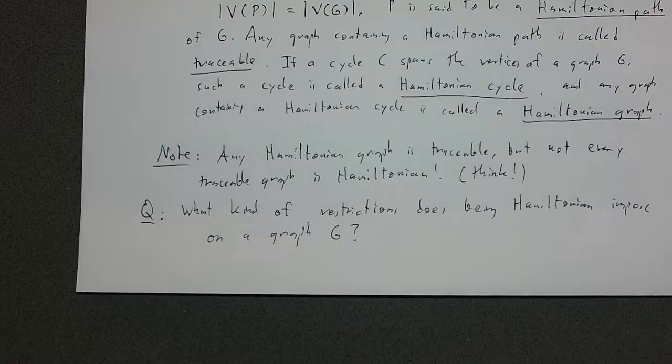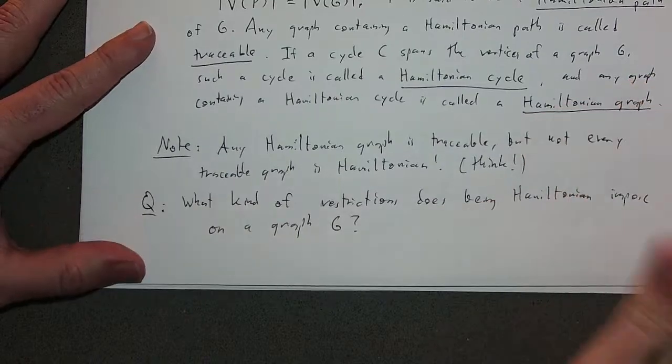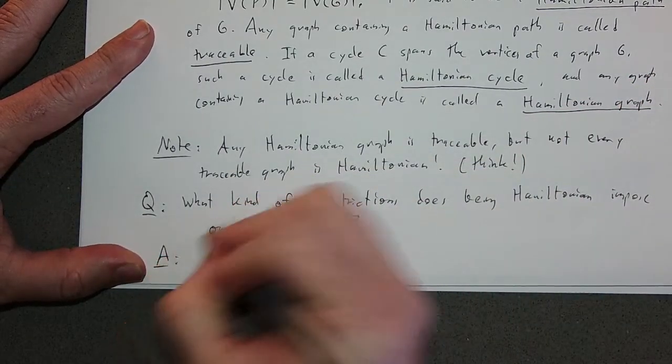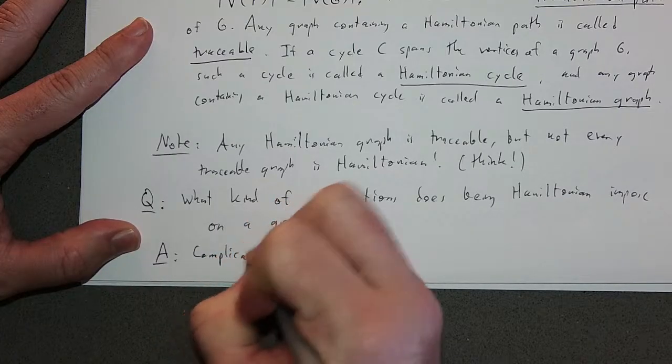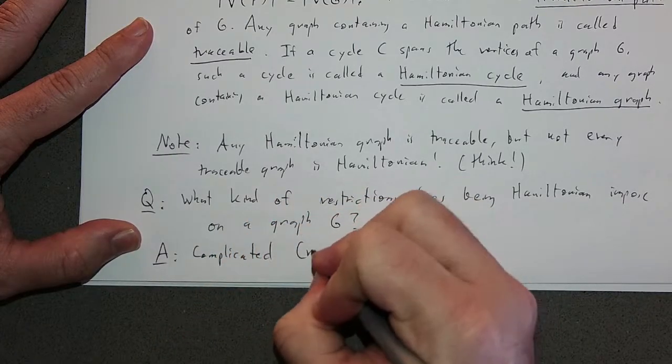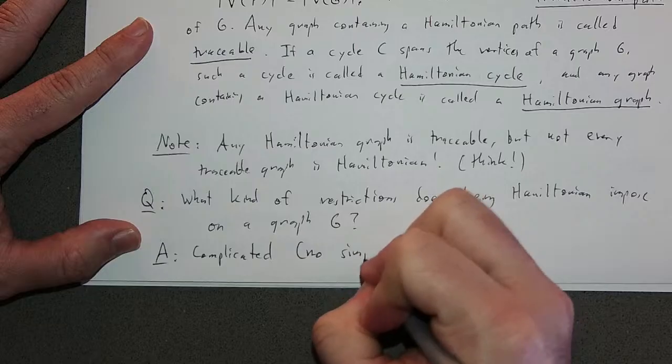For instance, talking about being k-connected. Is it enough to just say that it's 4-connected? Is that good enough, right? There's all kinds of questions we could ask, and the answer is this is actually complicated. There are no simple, easy answers.